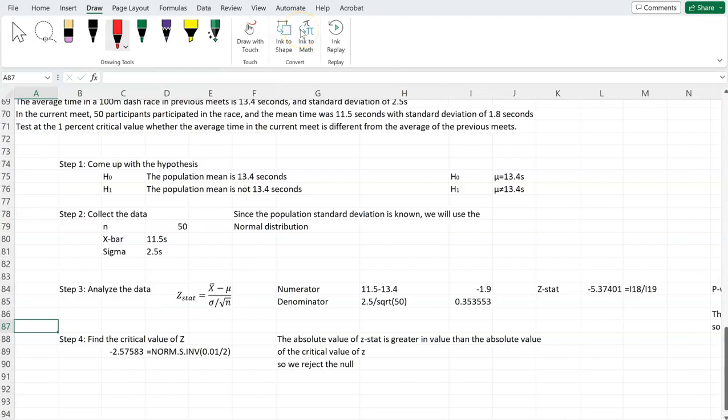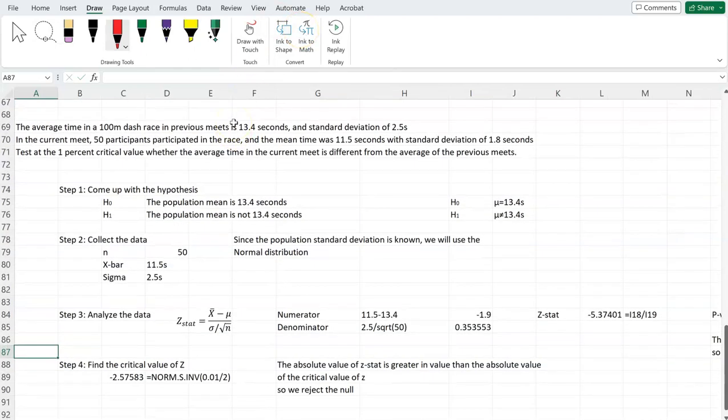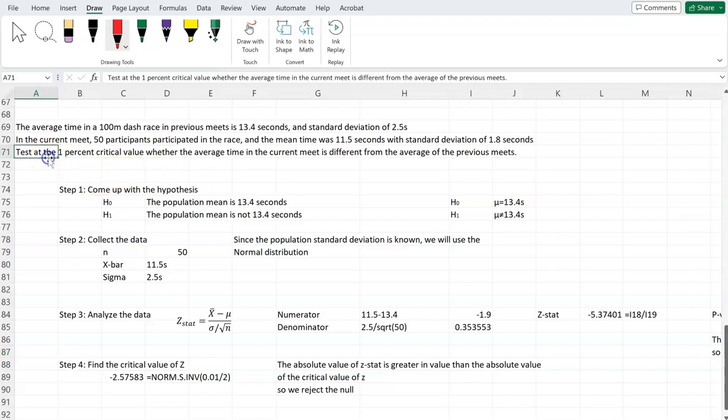In this example, we used the same question but tested it at different levels of critical values and whether we know the population standard deviation or not. I know we did the same thing 6 times, but it shows you that even though our z-stat and t-stat haven't changed, the critical values we compare them with are different, so we may get different results.